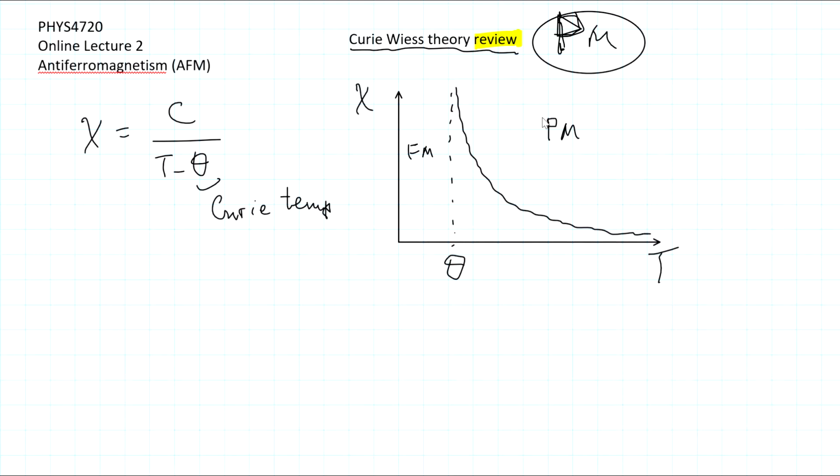So in a paramagnetic state, it's a totally random magnetization oscillation. And as we cool down, the thermal energy, kT, becomes smaller and smaller. At the Curie temperature, it becomes comparable to the energy of interacting magnetic moments. If you cool down below, the interaction becomes stronger than the thermal fluctuation energy supplied by temperature, and we start seeing ferromagnetic ordering.